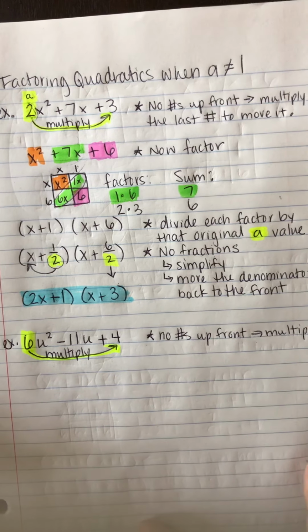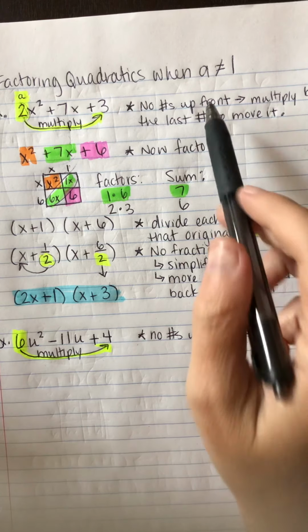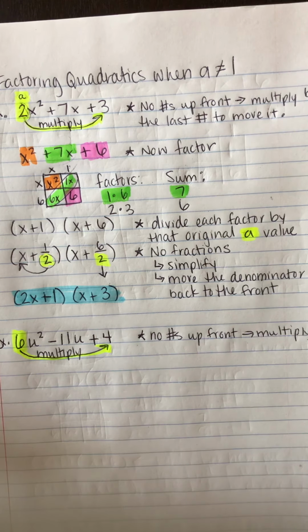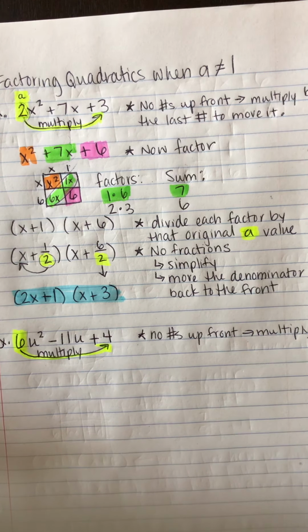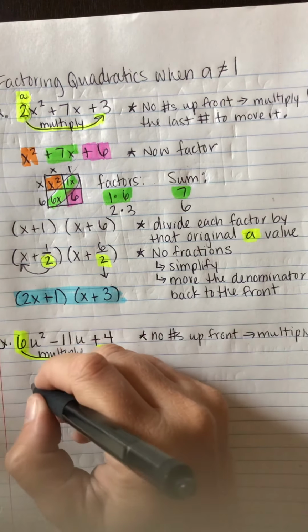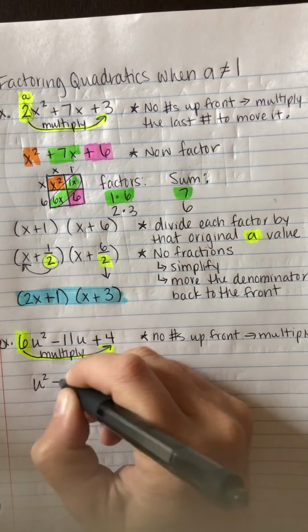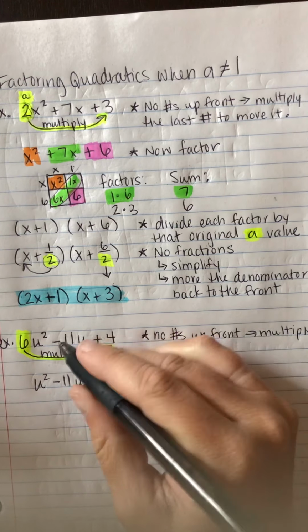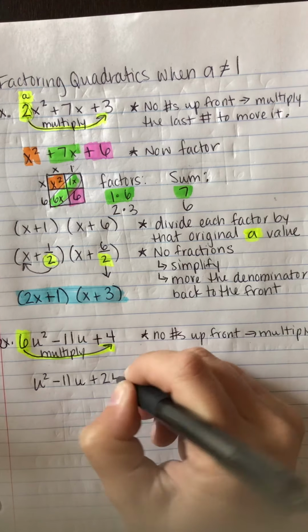And I'm kind of shorthanding down here because you can always look back up and see the actual directions in this first example. So we have u squared minus 11u, that stays the same, and then we have plus 24.